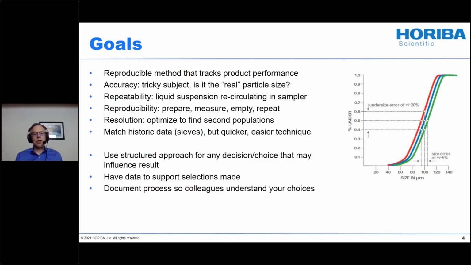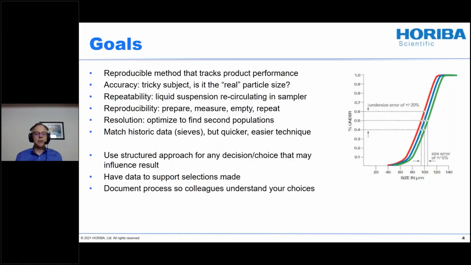Then, coupled with reproducibility, there are questions of repeatability: can I put a sample in and get the same answer twice? Reproducibility: can I put a sample in, measure, flush it out, measure again, and get the same answer twice? You might ask questions about resolution, particularly if you're looking for second populations in your sample.